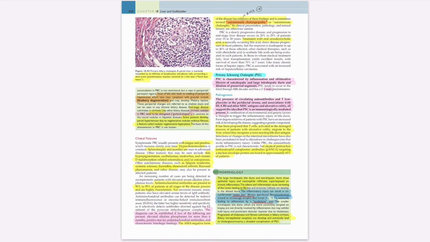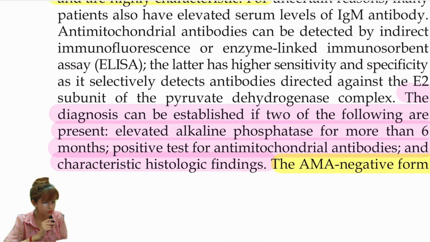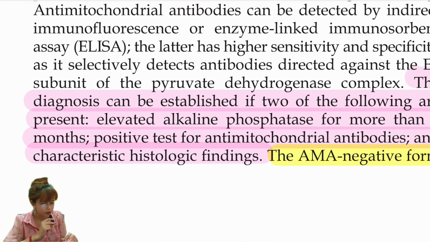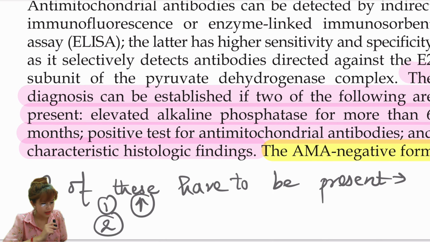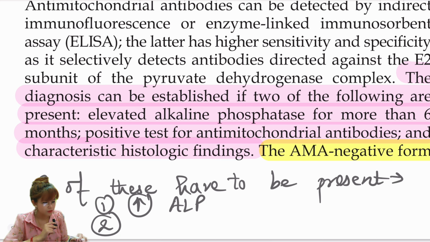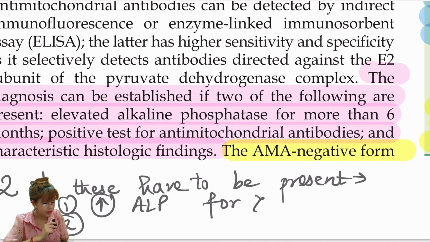Okay, and here you should not miss out on this particular diagnostic point, that two of these have to be present. And what are these points? Elevated alkaline phosphatase for more than 6 months, positive test for AMA, right?